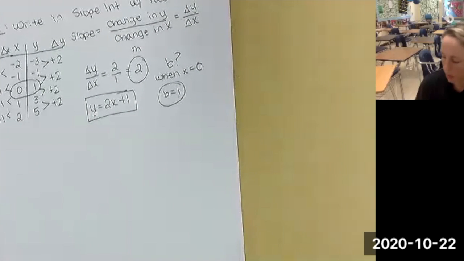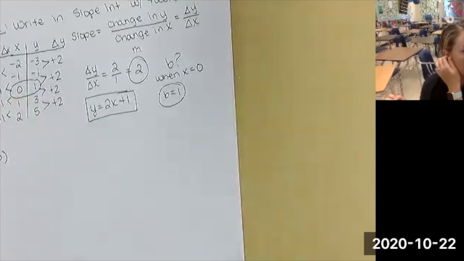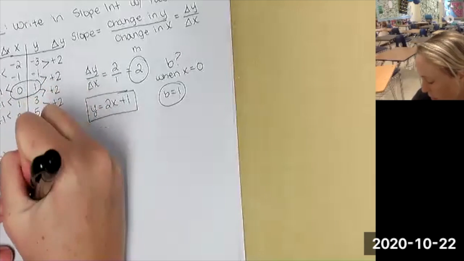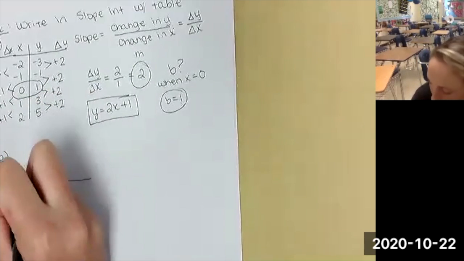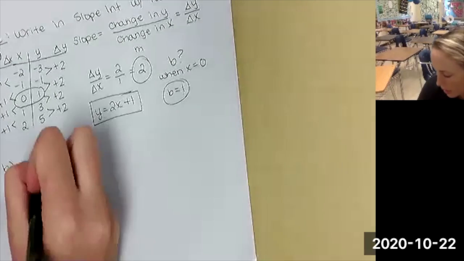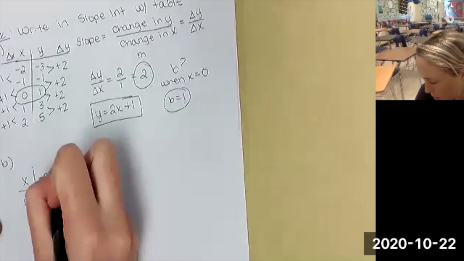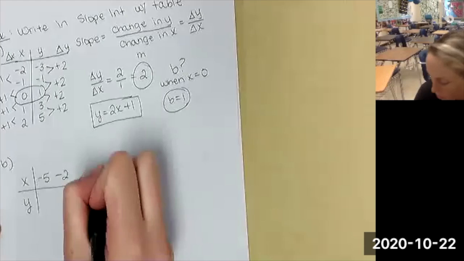All right, so we'll do one more of those, and then we'll talk about whenever they don't give us the y-intercept. Okay, so let's do a sideways chart this time. Horizontal, I guess, would be a better word for that. So on our x's, we've got -5, -2, 0, 3, 5.